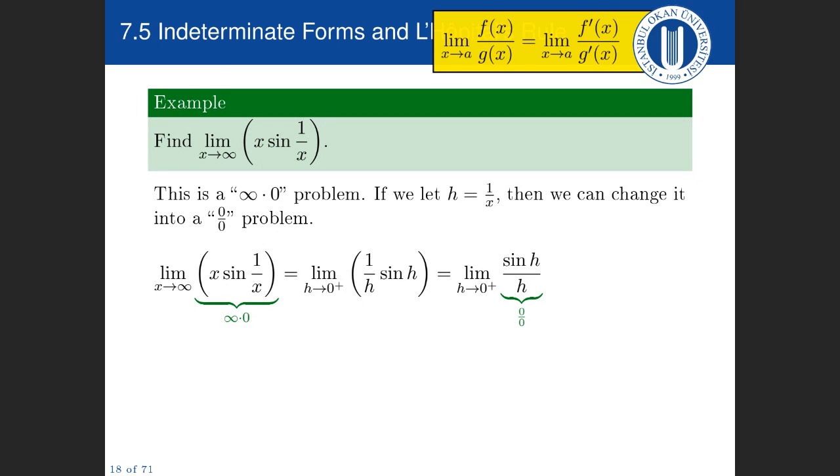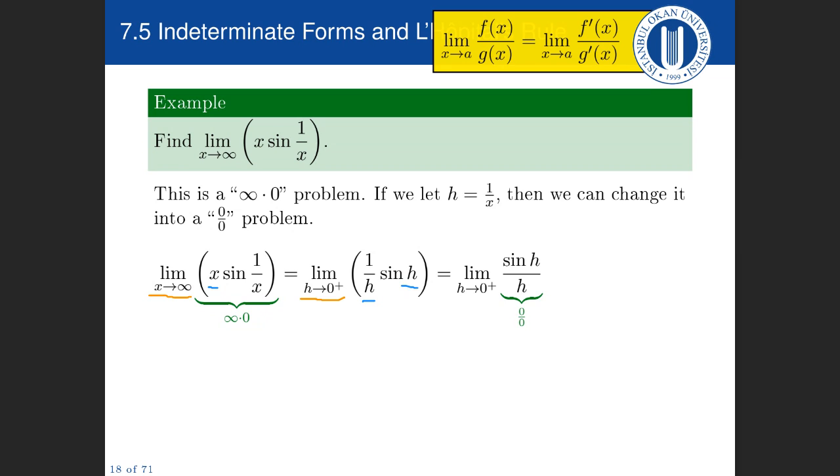So every x we're going to replace by 1 over h. Instead of x at the start, we have 1 over h. Instead of sine 1 over x, we're going to replace that by sine h. And we then need to talk about what is happening in the limit.